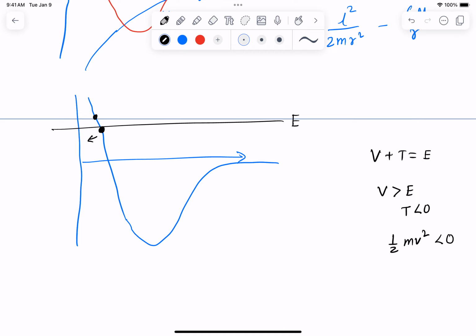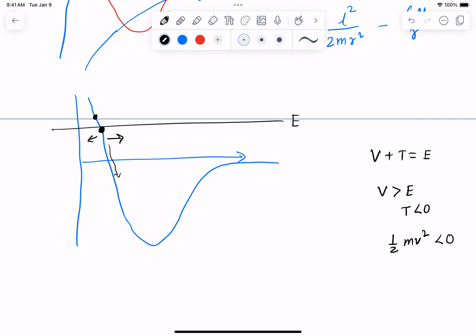The only thing that can happen is this object can move towards the right. As it moves towards the right, its potential energy decreases. The potential energy gets converted into kinetic energy. At the bottom, it has the lowest amount of potential energy and the highest amount of kinetic energy.